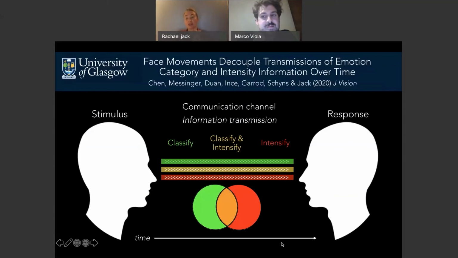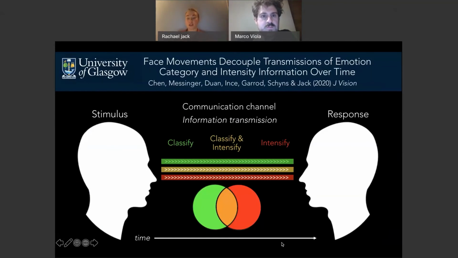And we're building a relationship between the action units and the participant's response with respect to the emotion category, like happy or sad, or its intensity. So is it a low intensity happy? Did the person perceive it to be high intensity? So again, we're simply building a relationship between a stimulus and a response.